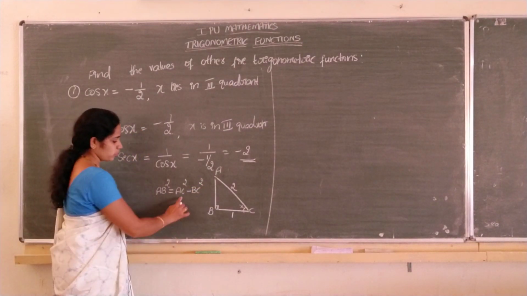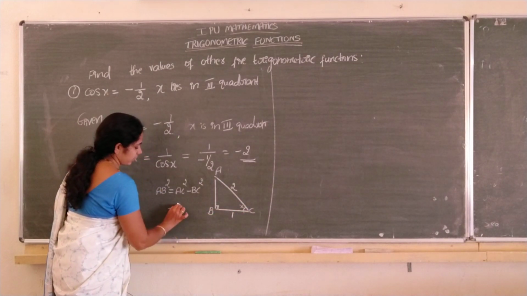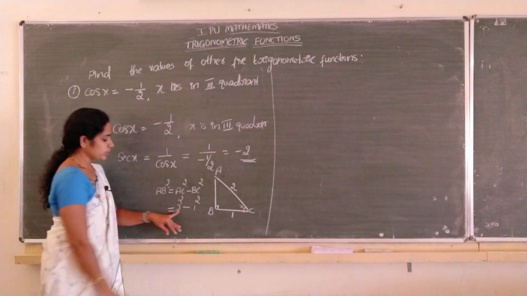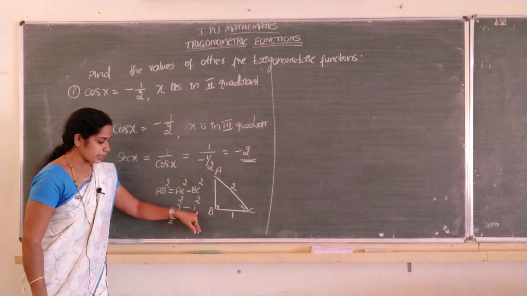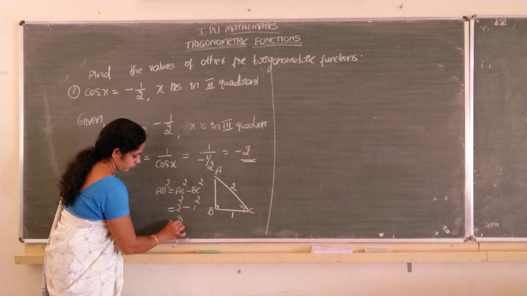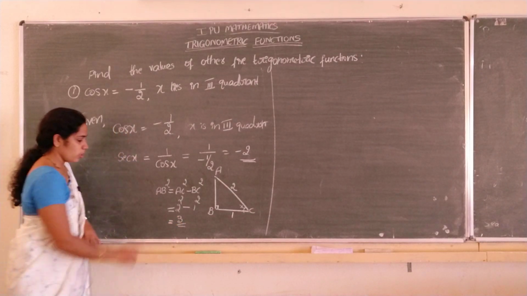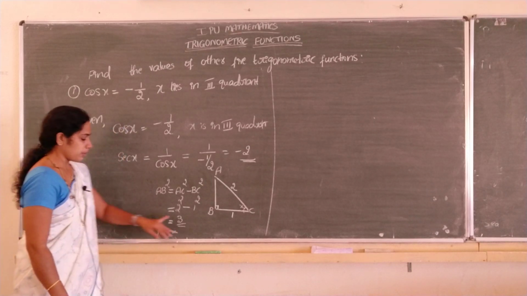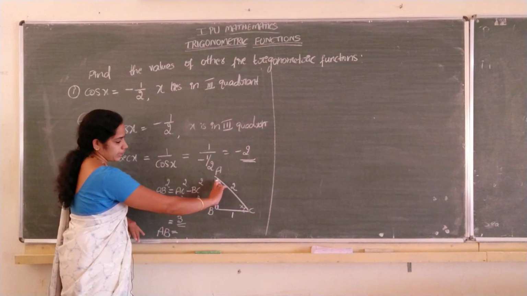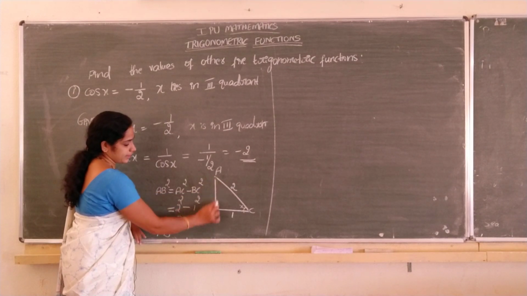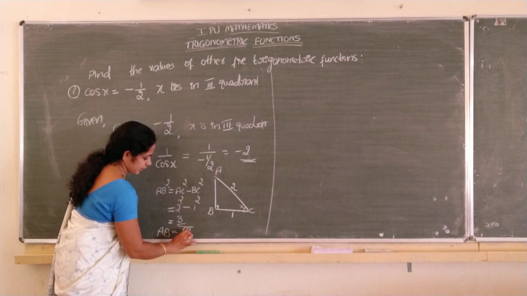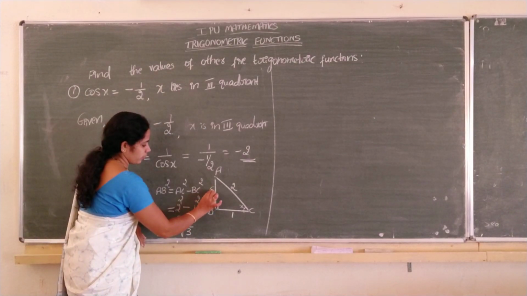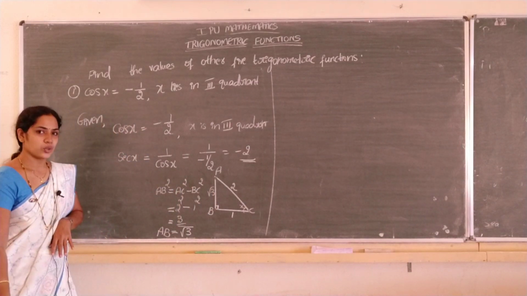This is equal to, what is AC square? 2 square minus 1 square. 2 square is 4. 4 minus 1 is 3. Okay. What is AB now? AB is equal to plus or minus root 3. But here AB, we are taking distance here. So let us take it as root 3. AB value is root 3. We got this as root 3.